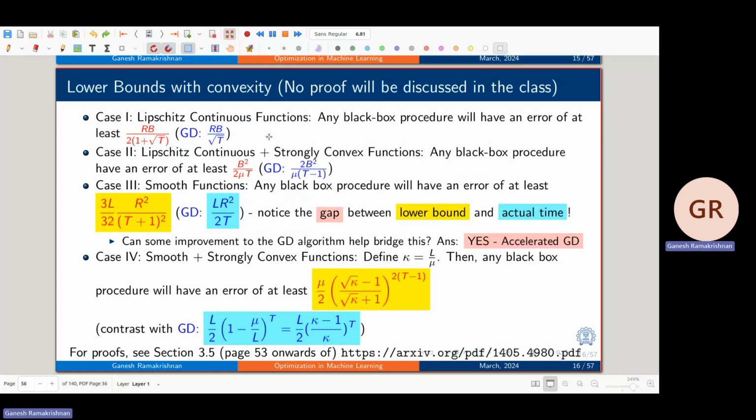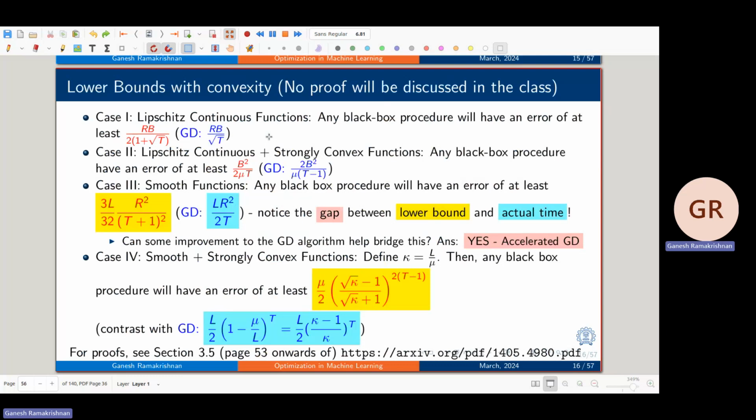Define kappa as L by mu, the inverse of the conditioning number, right? This L by mu is basically this gap, a ratio. Then any black box procedure, it says, will have an error involving square root kappa minus 1 over square root kappa plus 1, whole raised to 2t.